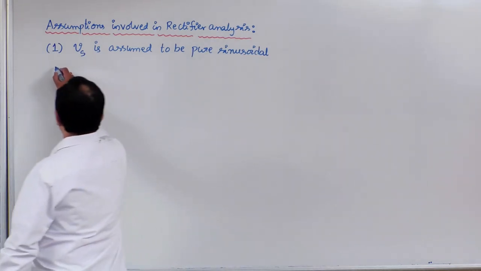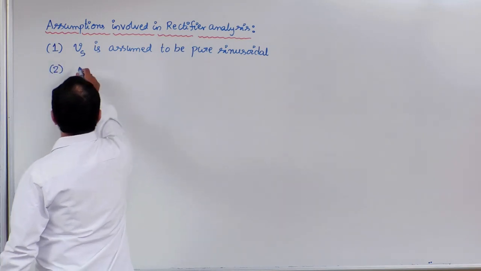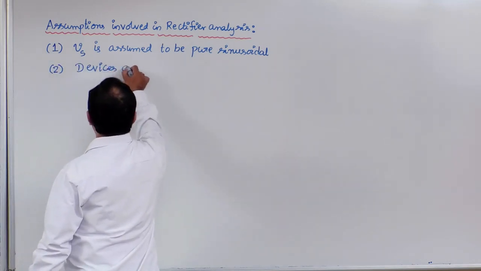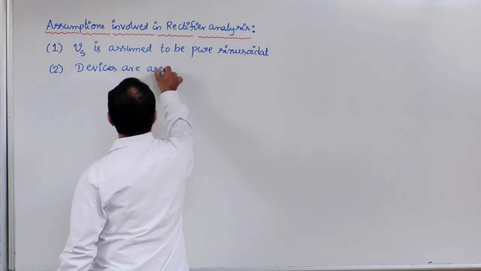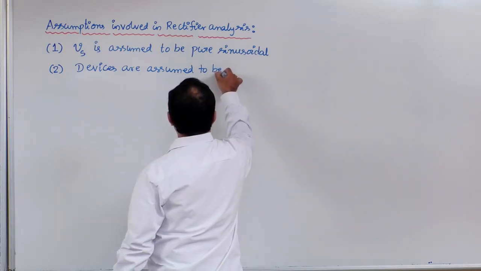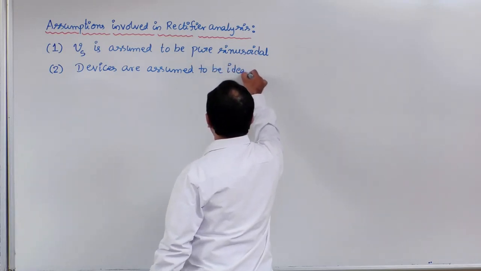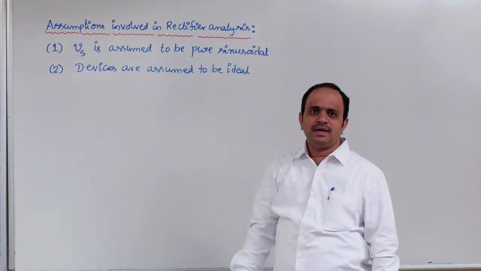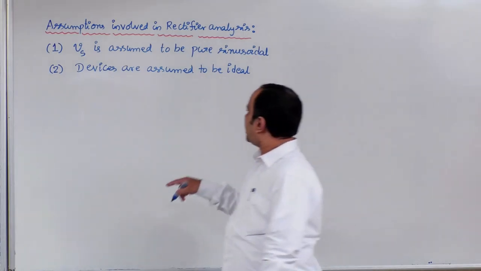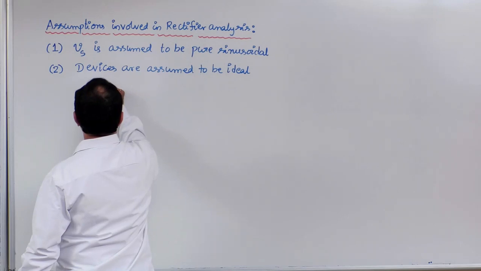Next, the second assumption is that devices are assumed to be ideal. What do you mean by the ideal devices assumption?